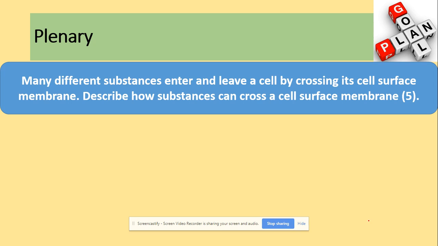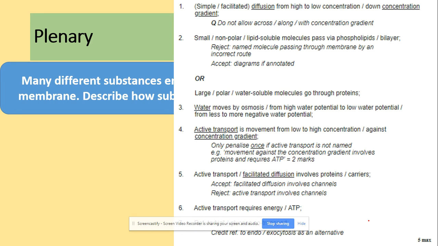So here we've got: many substances can enter and leave a cell, describe how this is possible. For 5 marks. This is an introduction for our next topic, for all the types of transport that you need to know. What's really important is that you need to use the words down or against the concentration gradient. Don't just say from higher to lower concentration, because you will not get a mark.